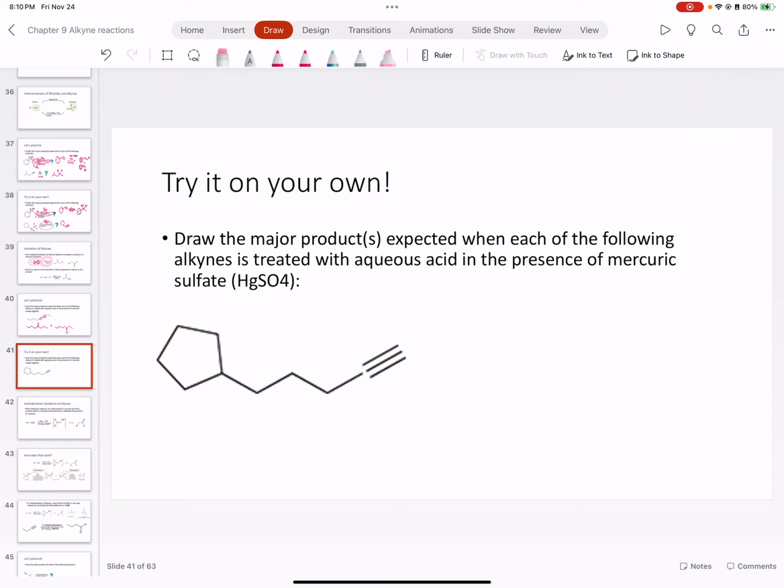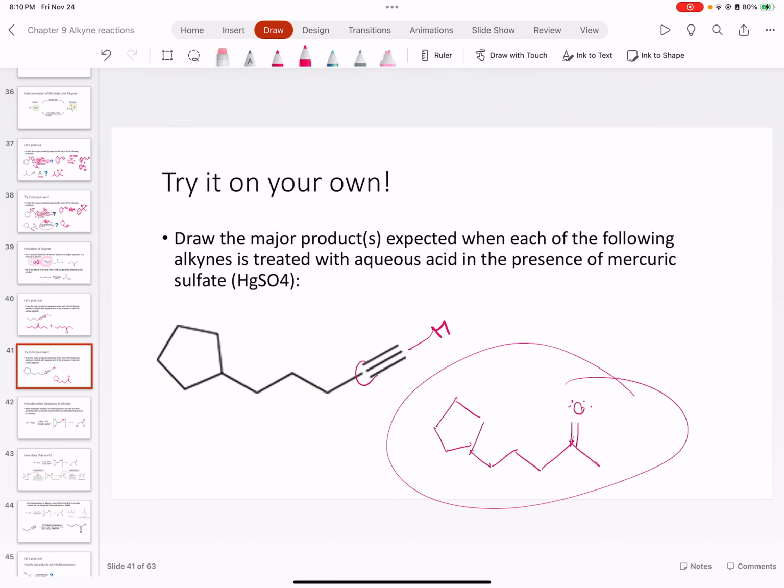And remember, we're not going to make a ketone with this side, we're going to make a ketone with this side. Thinking about that, that will be my answer right here.